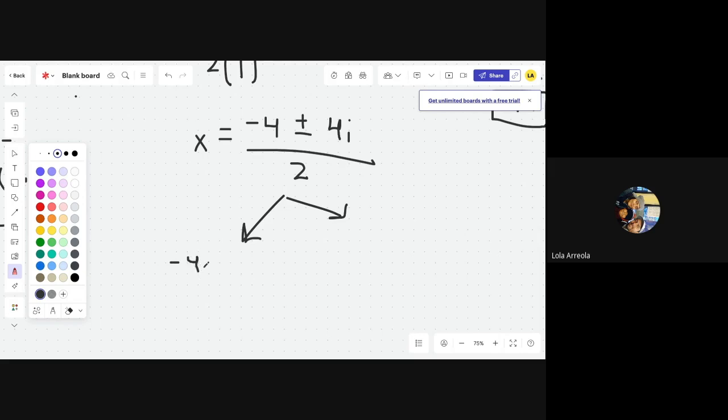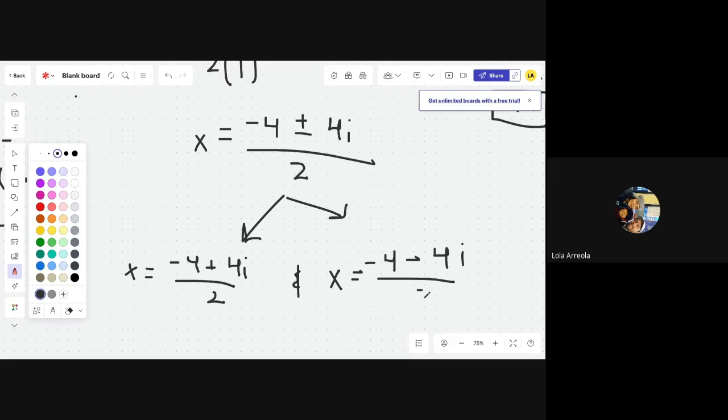x equals negative 4 plus 4i over 2, and x equals negative 4 minus 4i over 2.